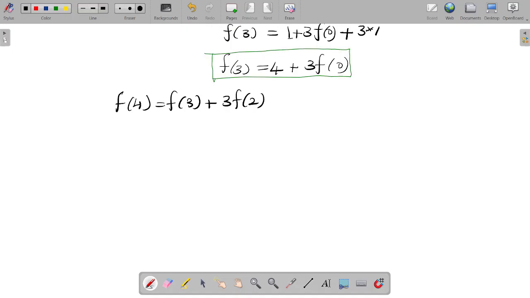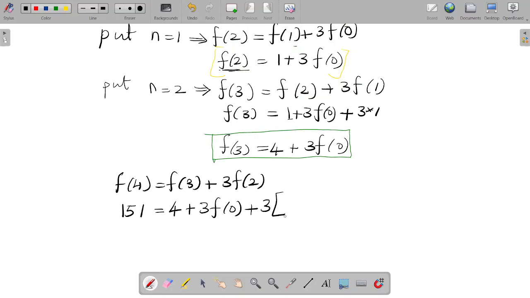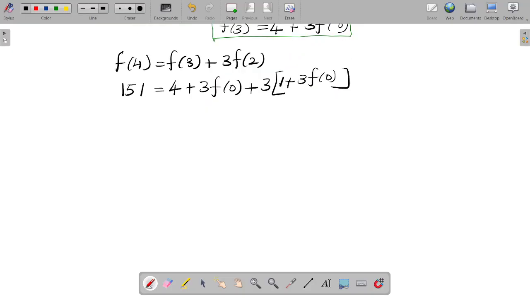The f of 4 value also is given in the question, 151. So this is equal to, f of 3 value is 4 plus 3 times f of 0, plus 3 times, what is f of 2? Just replace the value of f of 2, 1 plus 3 times f of 0. Now we can remove the bracket.